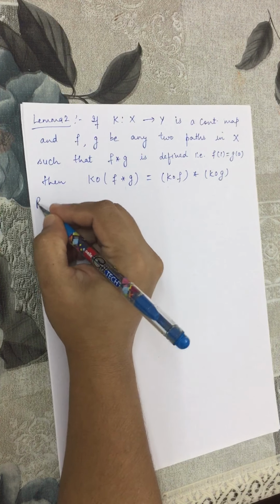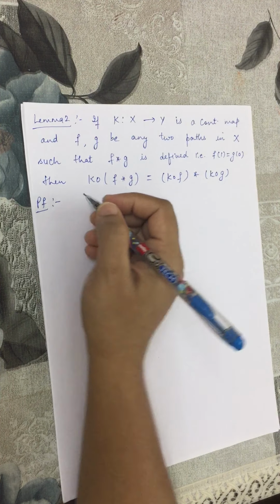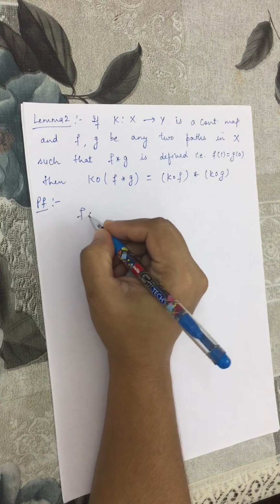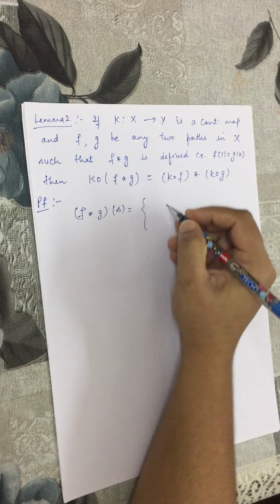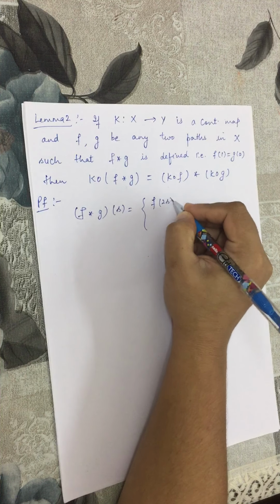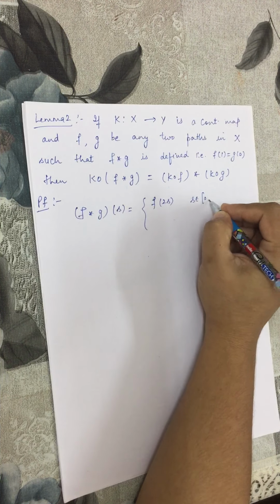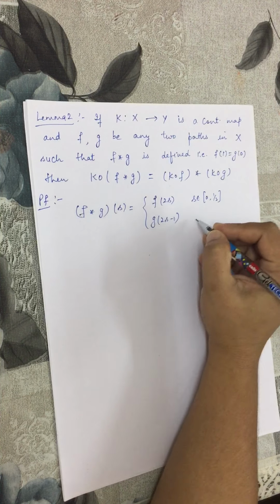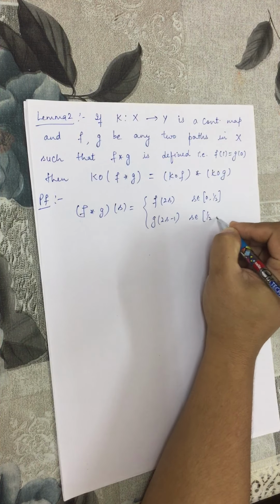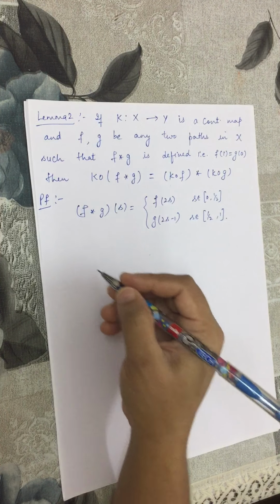This is very easy to prove, since by definition f star g at s is f of 2s for the first half interval, and g of 2s minus 1 for the rest half interval, 1/2 to 1.